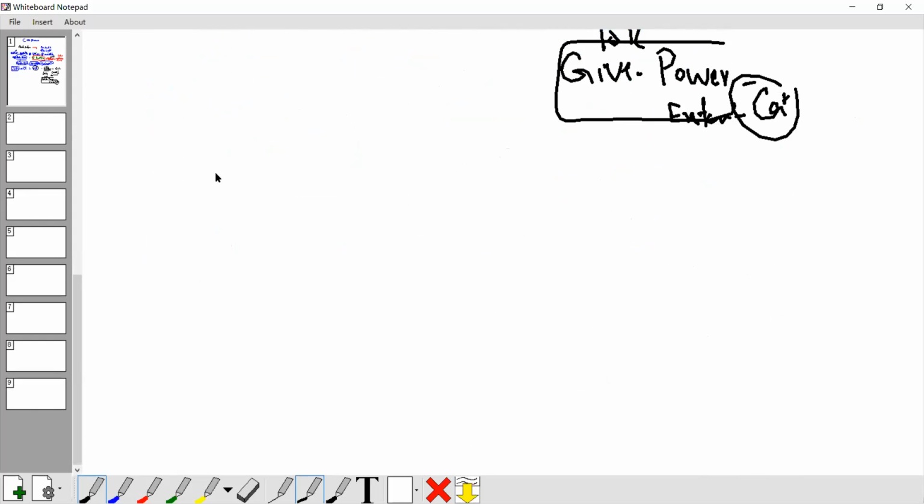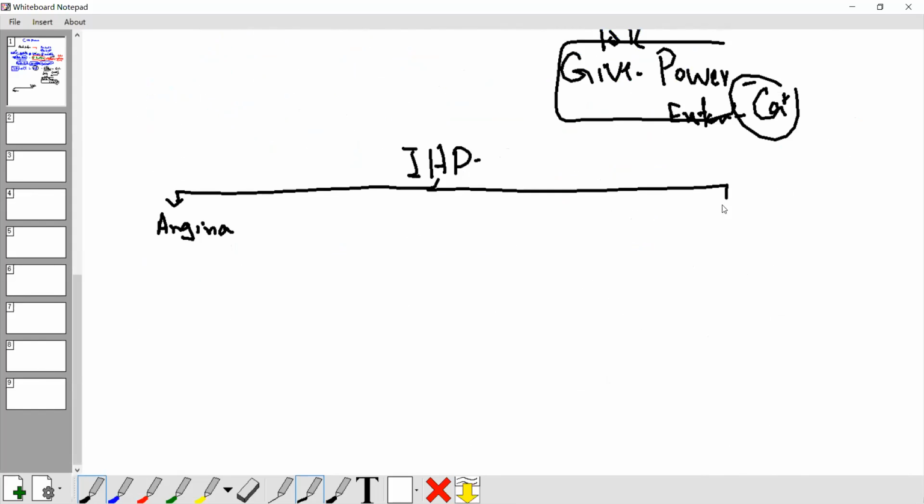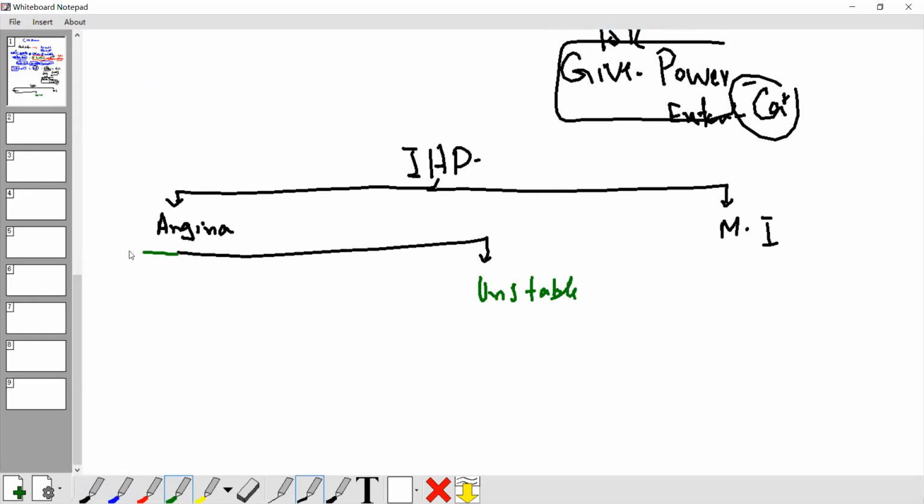Now we move on to the next topic: ischemic heart disease. In ischemic heart disease, we have angina and we have myocardial infarction. The angina is further categorized: unstable, stable, and variant.